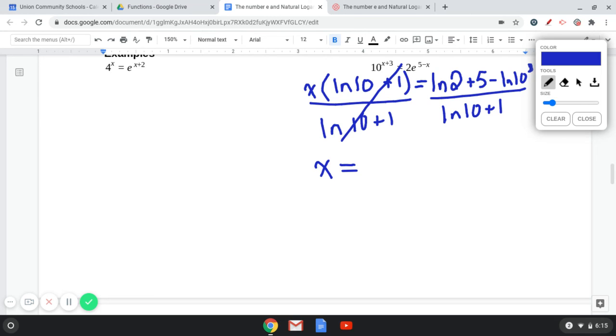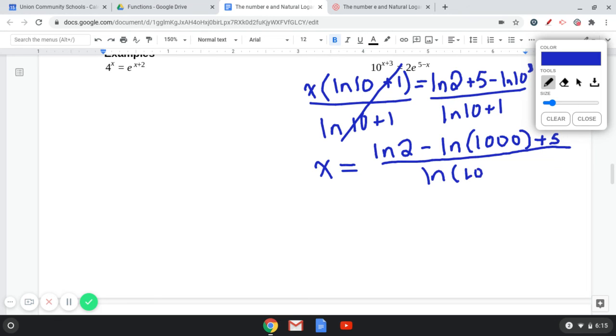Now, I'm going to do some rearranging here. I'm going to say this is natural log of 2 minus the natural log of 1,000, plus 5, all over natural log of 10 plus 1.